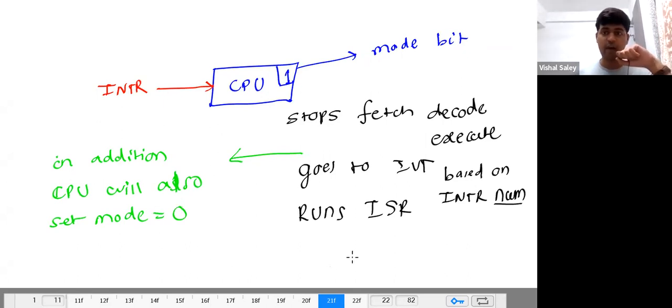So it happens in hardware. This mode equal to 0 happens in hardware whenever there is an interrupt. While performing these operations, going to the IVT and getting that address, it will also set the mode. Is that clear now?